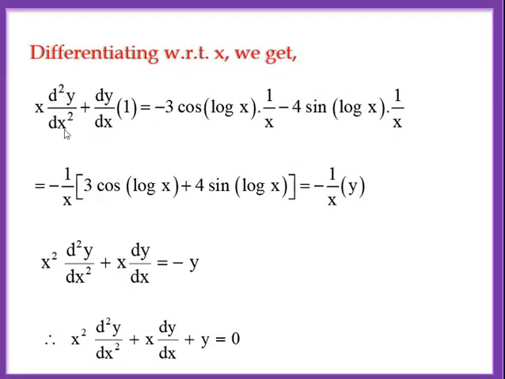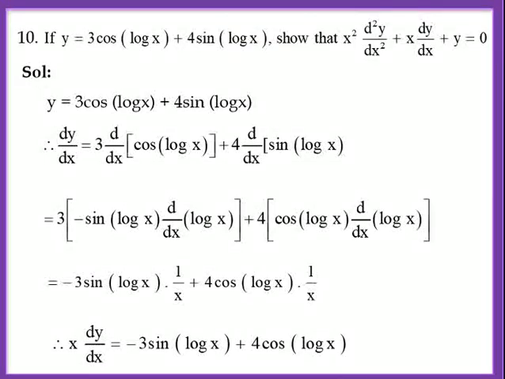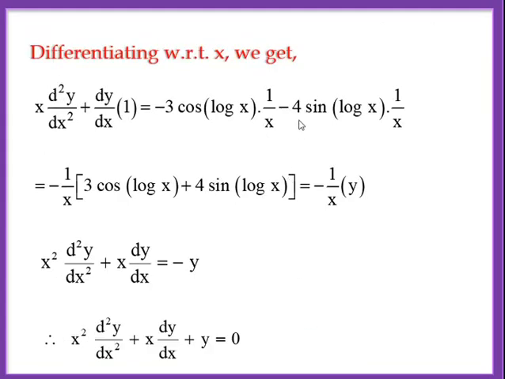So x d2y by dx square plus dy dx, this is derivative of what? x dy dx equal to minus 3 cos of log x into derivative of log x, which is 1 upon x. Now previously it was 4 cos of log x. What is its derivative? Minus 4 sin of log x into derivative of log x, which is 1 upon x.